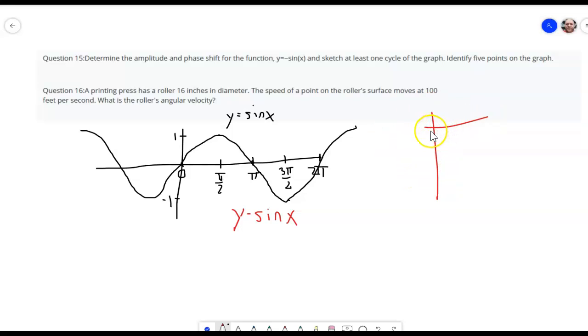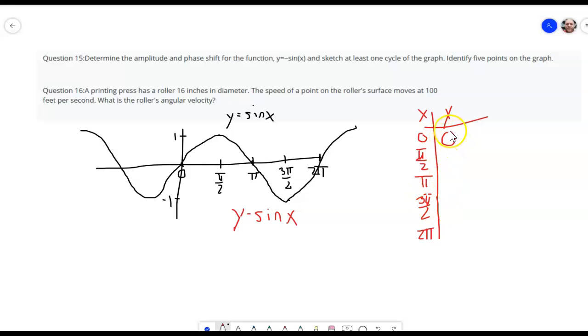So if I did a table here, and I did my x and my y values, I'm going to use my same values: 0, pi over 2, pi, 3 pi over 2, and 2 pi down here, and let's see what happens.